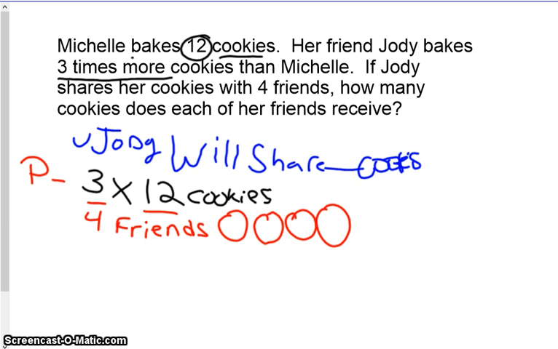Then what else do we need to use? Words. Use words. How many cookies does Jody give to each of the 4 friends? I'm gonna put 4 friends share here, and then. Okay. How many cookies does each friend get? Right.